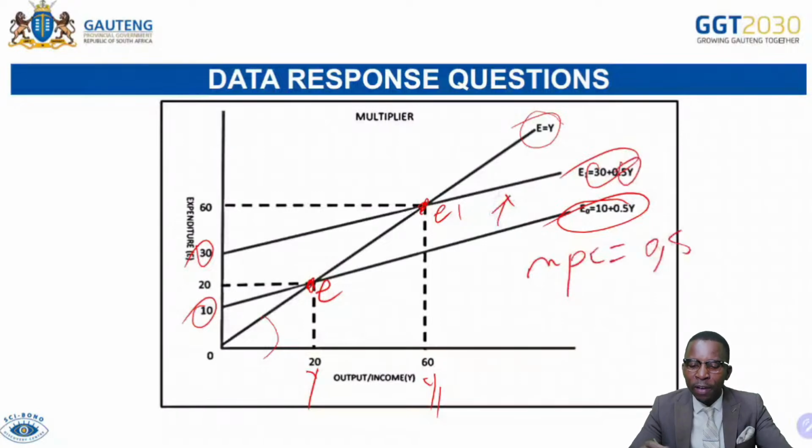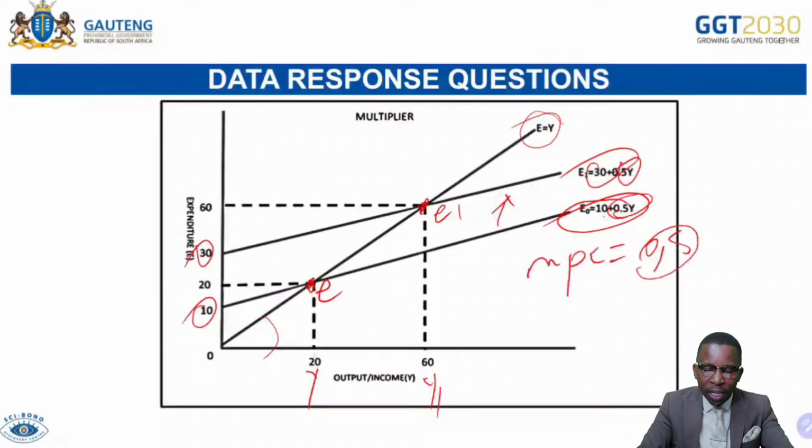There is our 0.5. Remember, this consumption function says to you, on the given expenditure of 10 million, we spend half, meaning we consume half, which then means 0.5 is our MPC, marginal propensity to consume. Now we'll be looking at the questions and see what will unfold.